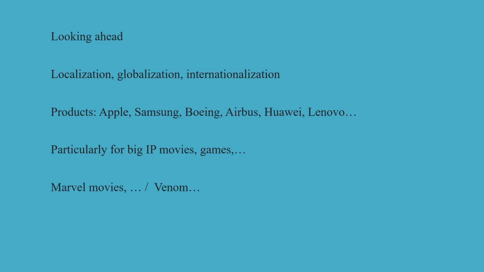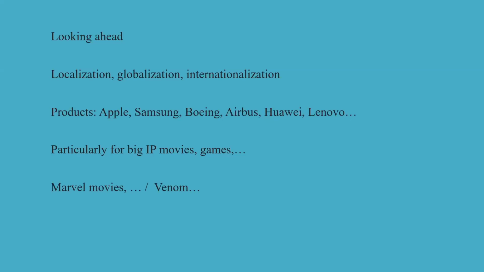For example, Apple, Samsung, Boeing, Airbus, Huawei, Lenovo, these big IP names and their products are always upgraded on a regular basis. So translation memory can be adopted in order to translate the new documents, which might have perhaps as high as 80% similarity with the old versions of documents.